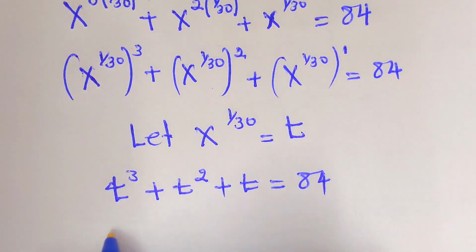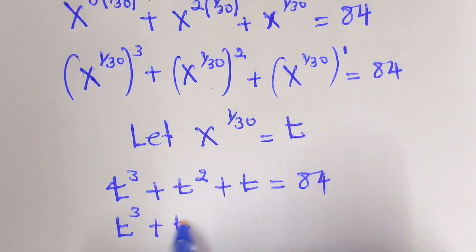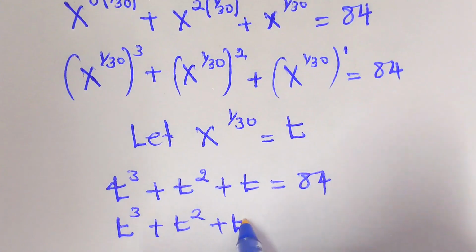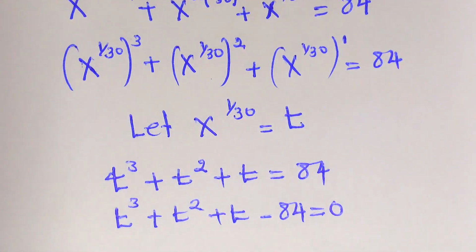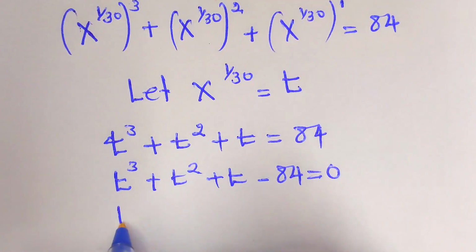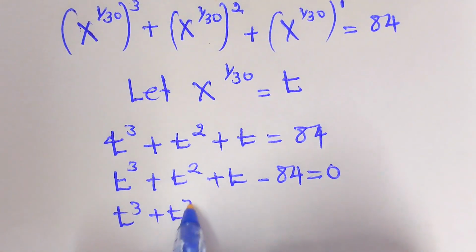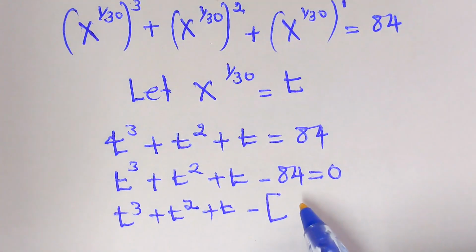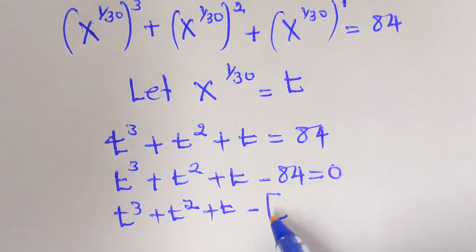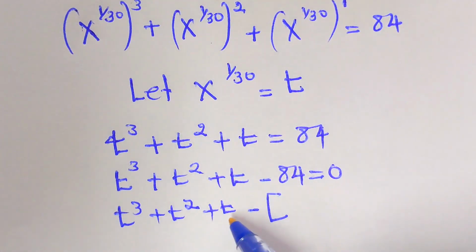At this stage we can write t^3 + t^2 + t - 84 = 0. We are going to find numbers that add up to 84, referring to this equation.